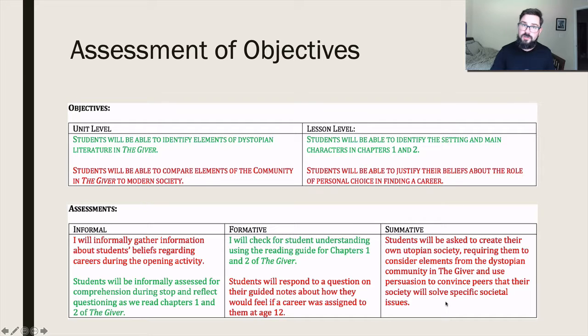Students will have to attend to not only understanding the events of The Giver, but also to look for those elements of dystopian novels so that they can create their own utopian society, as a way of studying both the real world connection as well as what's happening in the text. You can see, just by looking at the color coding, how unit level objectives align with summative assessments and how lesson level objectives must align with the lesson level assessments.